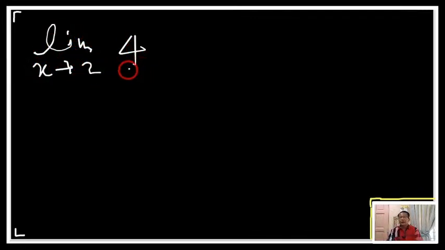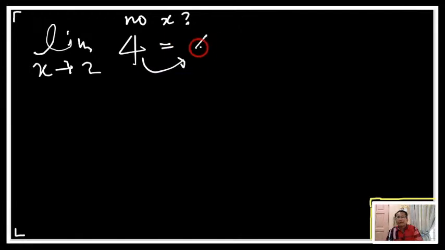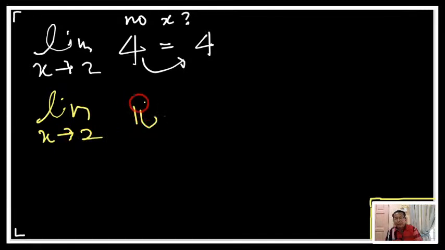What about limit as x approaches 4 of 4? Now, no x. So how to solve this? Don't worry. If you don't have the x, just copy back this one. So this one is equal to 4. No x, so don't substitute anything. Another example, limit as x approaches pi of pi.